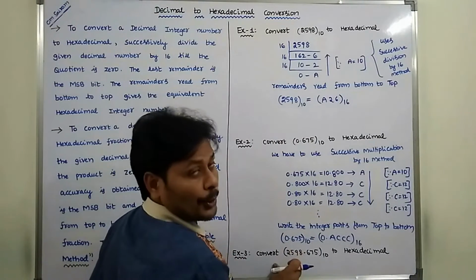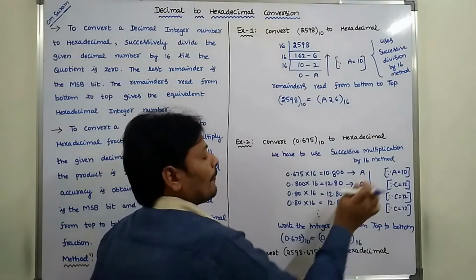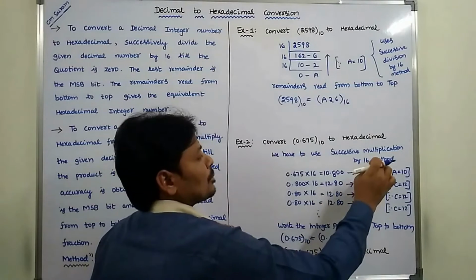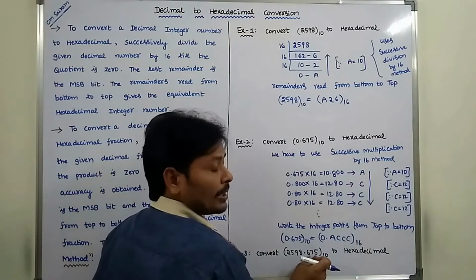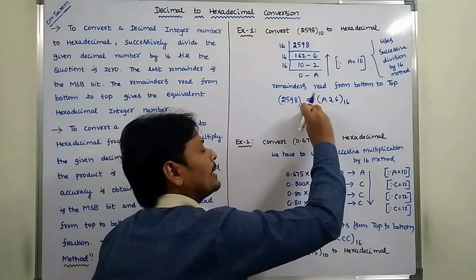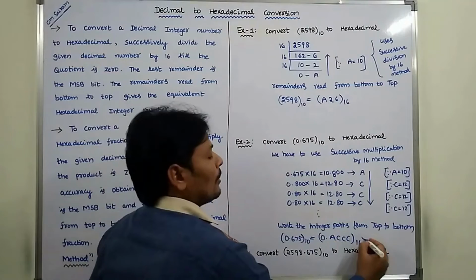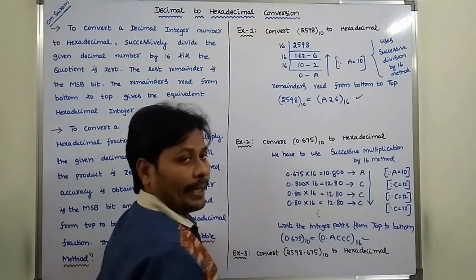Here we have to use two methods: the successive division by 16 method for the integer part, and the successive multiplication by 16 method for the fraction part. Whatever result we got in the first problem and whatever result we got in the second problem, both are combined in this problem.